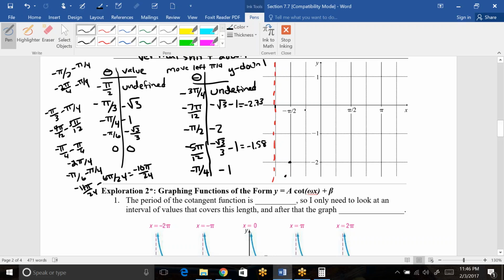Negative 5 pi over 12, let's see, because pi over 4 would be 3 pi over 12, so that's going to be a little bit more this way. And that one is negative 1.58. Negative pi over 4 is negative 1, so I'm actually down a little bit too far there. And that's the ending part of this side.